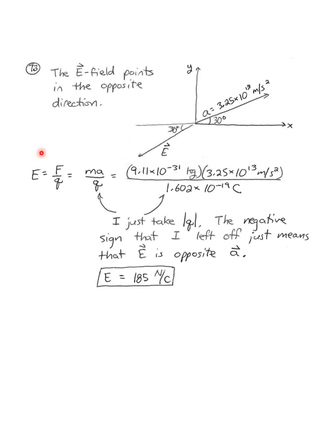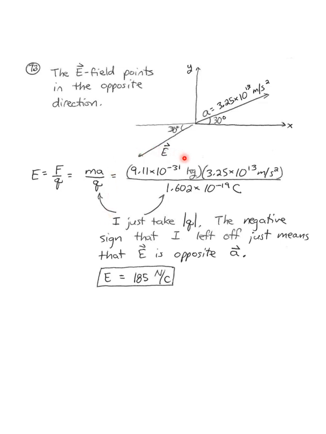So electric field is force divided by the charge, and force is ma divided by the charge on the electron. And as I wrote here, I just take the absolute value of charge. Whether negative or positive, that'll work itself out as we evaluate the diagram, the geometry of it. So we're finding the magnitude of the electric field.